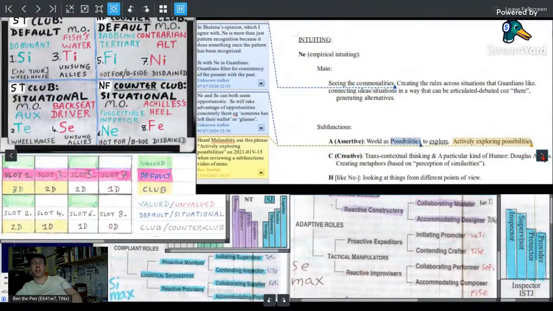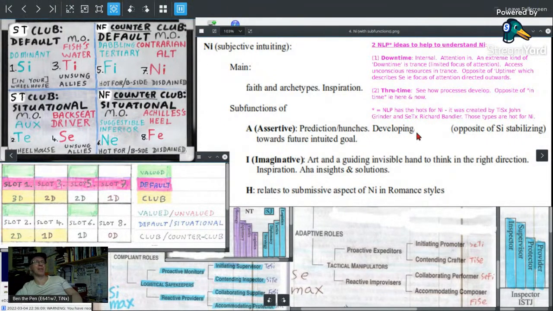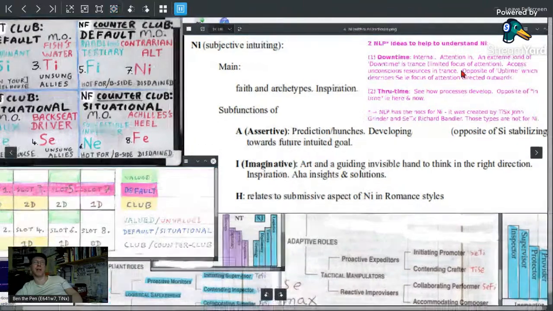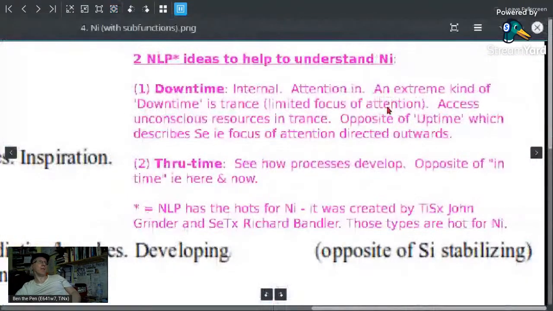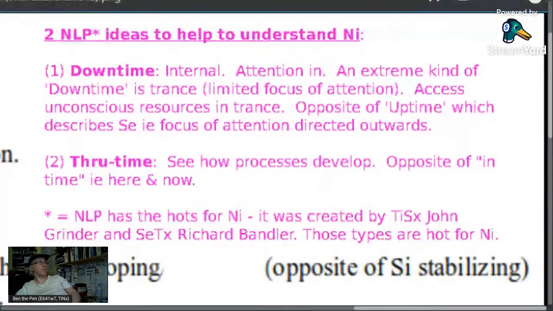NE did the NE. What are we doing now? NI counter club. I messed this up in doing these windows because I wanted to make sure that was under there. So again, this is stuff on NI. If you want to pause that and take it in. ISTJ is not good at this.